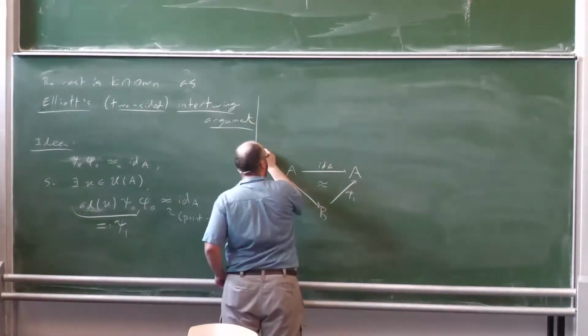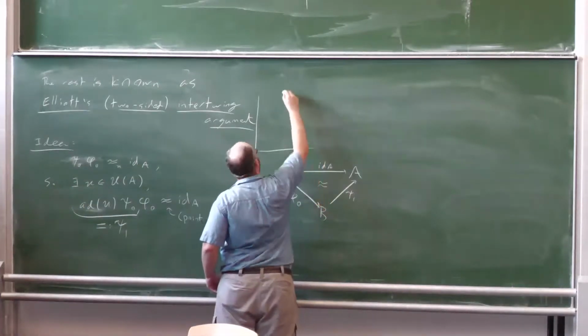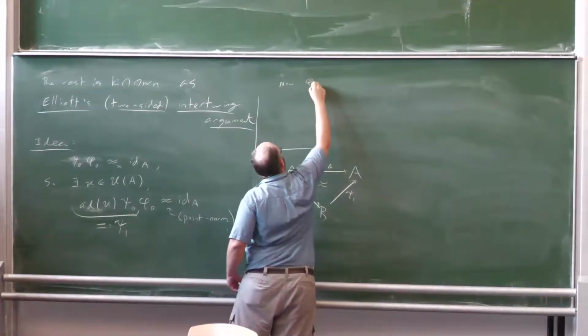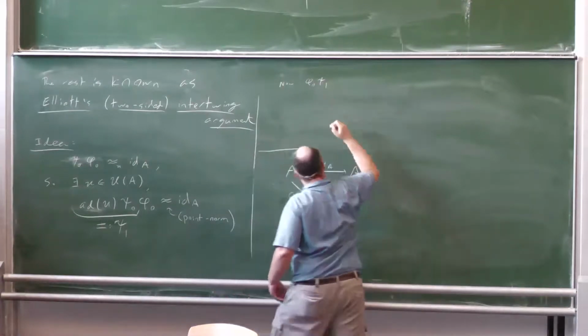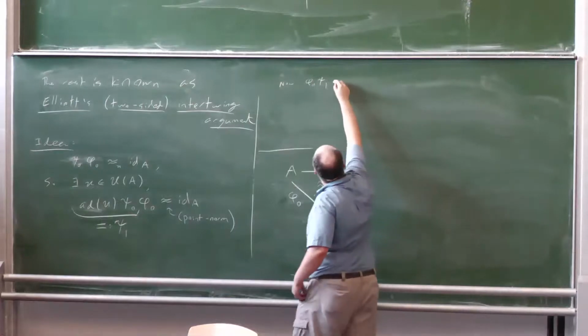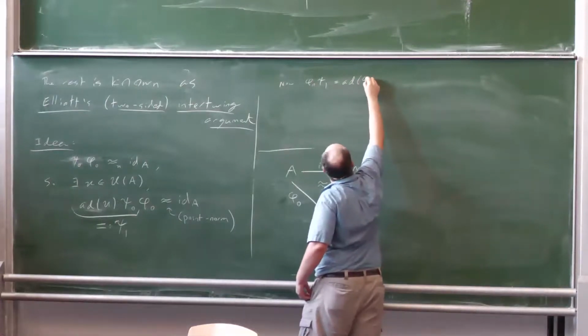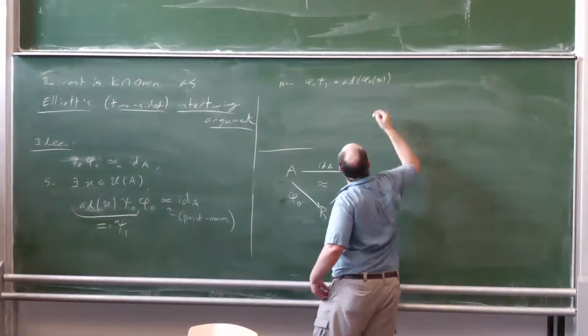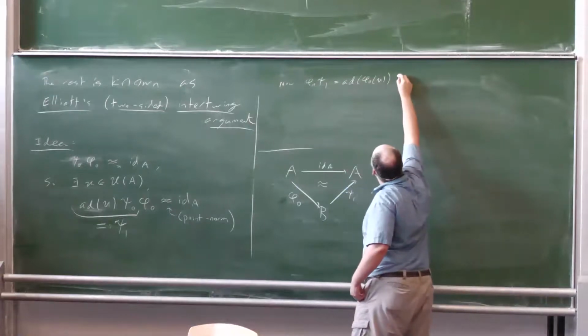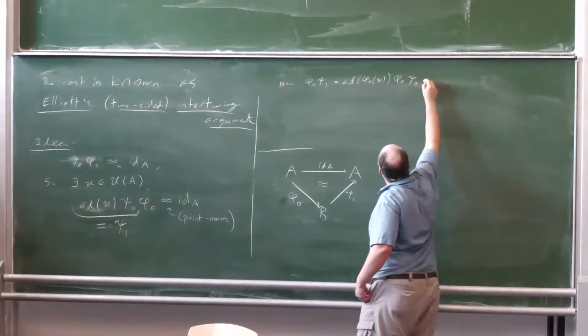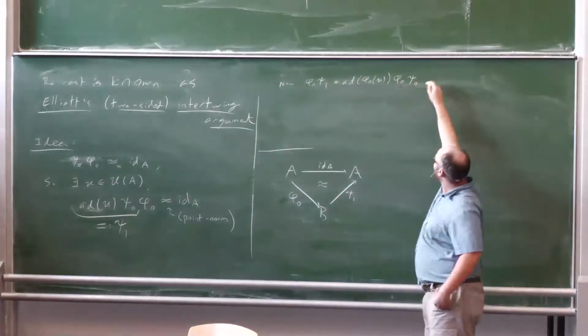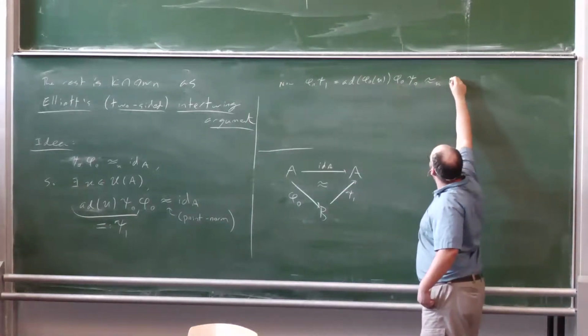And then the next step is now phi naught psi 1, I can pull the unitary through, I get phi naught u times phi naught psi naught, which is unitarily equivalent to phi naught psi naught, which is then approximately unitarily equivalent to the identity on B.